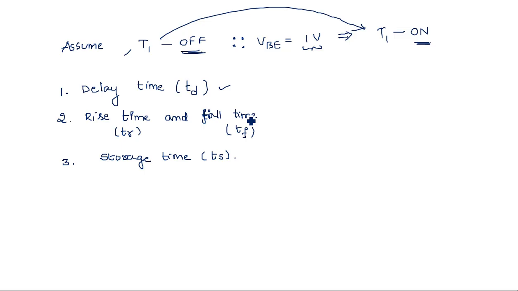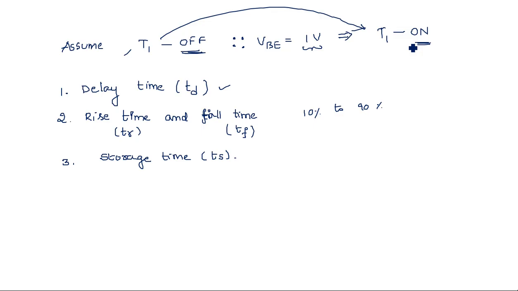Coming to rise time and fall time. By seeing the names you can understand. Already you might have studied the terms rise time and fall time in the earlier classes on pulse and distortion circuits. So rise time is nothing but the time taken by the transistor to change its state from 10% to 90%. Suppose the transistor is in off state, then it comes into on, so the output voltage is slowly decreasing.